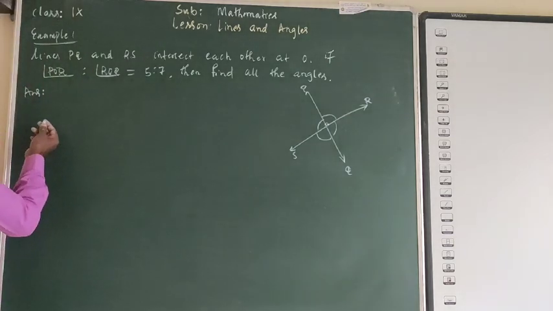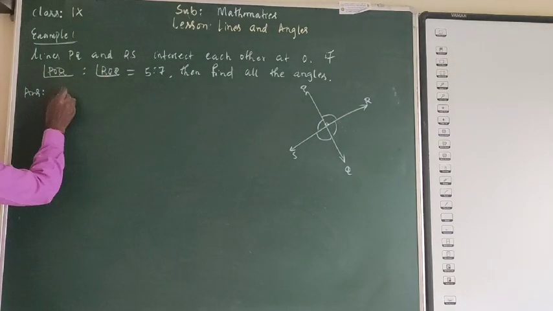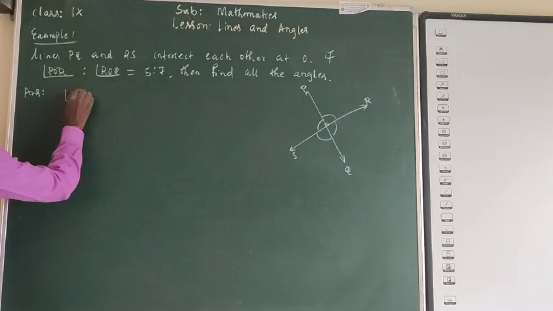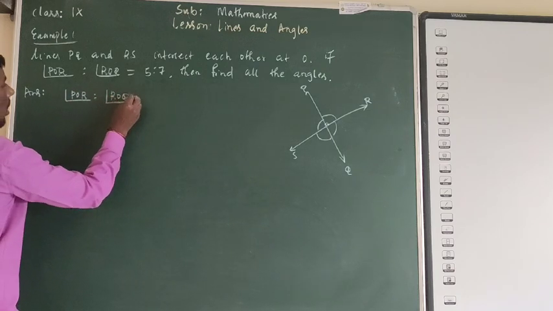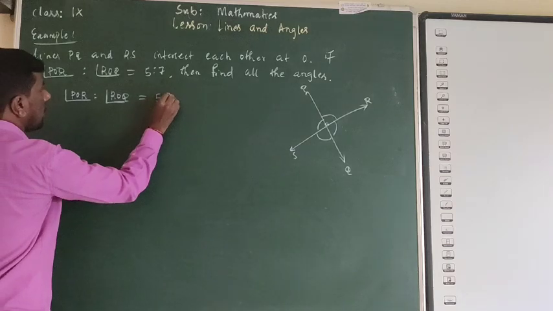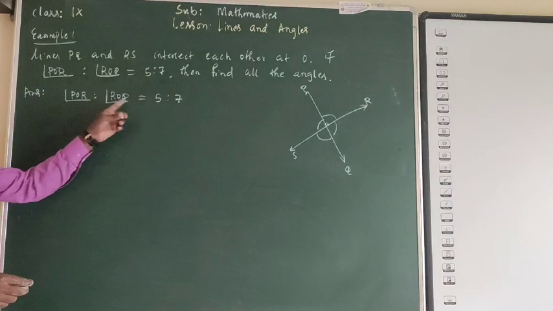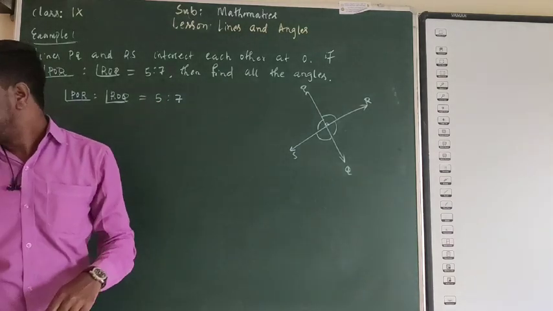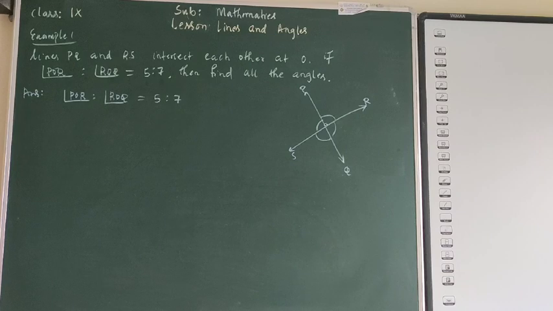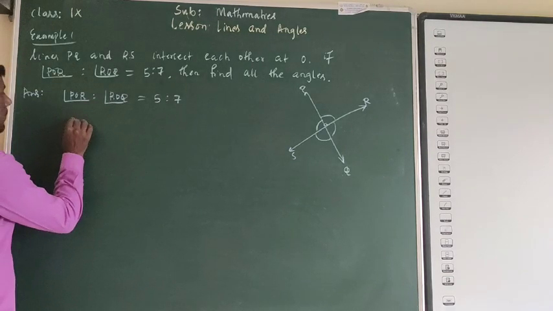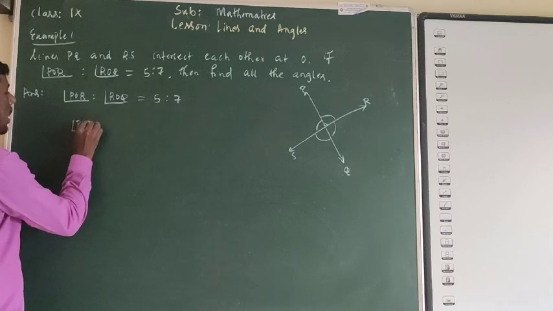Okay. So whenever they are given the ratio of the angles, POR and ROQ as 5:7, we will be taking the individual angles.